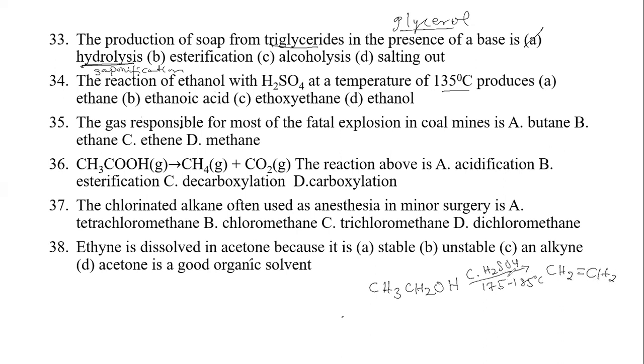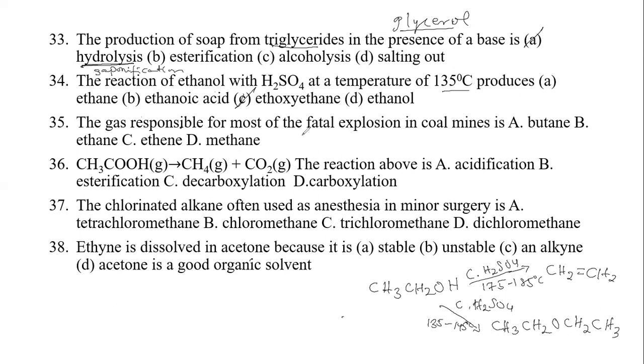That's dehydration. The function of the H2SO4 is to dehydrate. But if it is reacting with conc H2SO4 at a lower temperature of 135 to 145, it is going to produce ethoxyethane. So the dehydration of ethanol at a low temperature produces ethoxyethane, but at elevated temperature produces ethene. Okay.